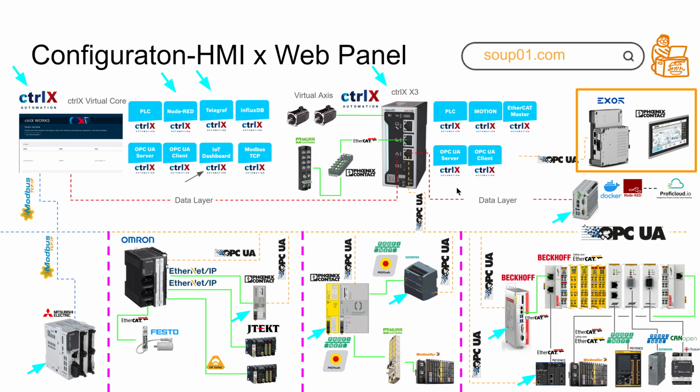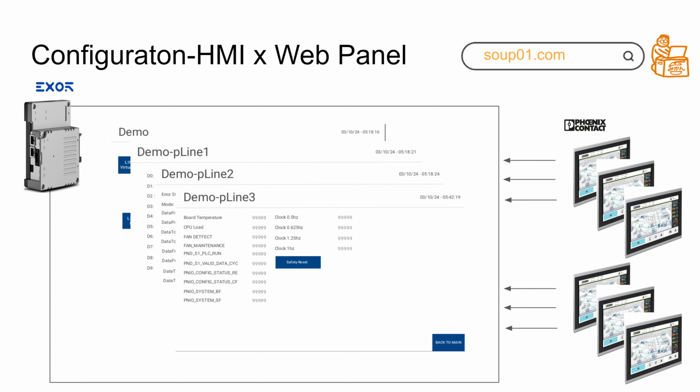And then I mentioned before I use Extra to create my screen, right? So it means that I use Extra to collect all the data from the controller again, and then I use a web panel. This time I use a Phoenix Contact web panel to display all data again. It should be configured like this. So in my Extra device, I create all the screens for each line.